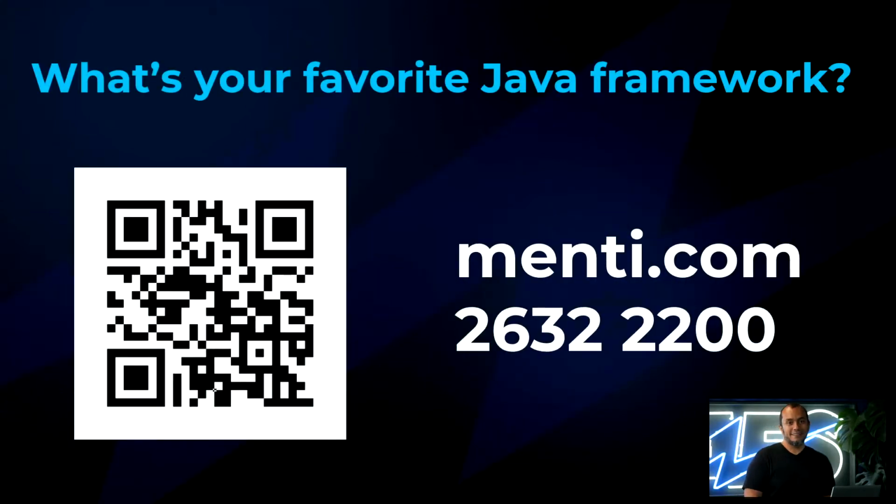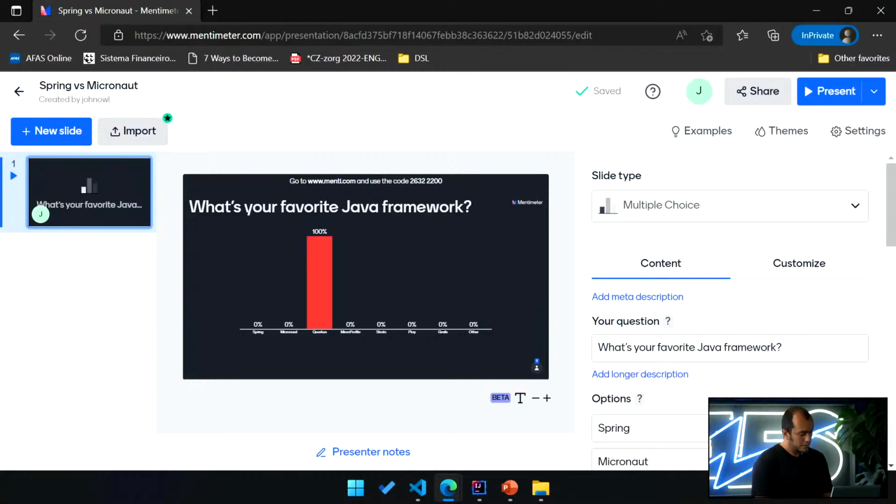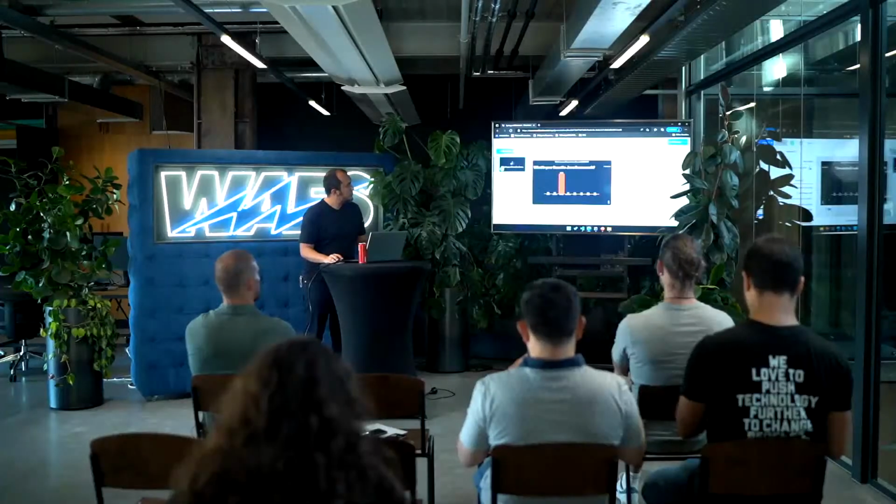To start, a little question. What's your favorite Java framework? You can read the QR codes or just go to the website and type this code here. Let's wait some seconds because we have a small delay. Let's go to the page.